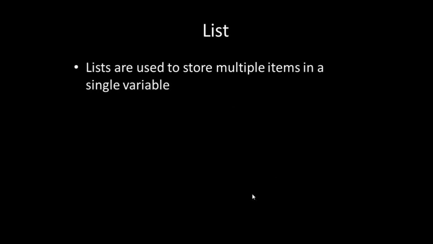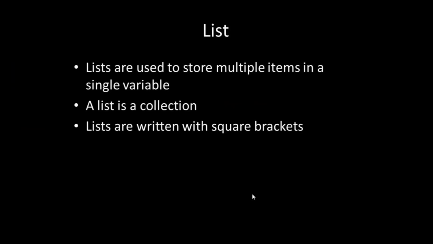But list is another type of collection which you can use to store multiple items. Whereas dictionary was a key value pair type of collection, here it is just to store multiple items in a single variable. A list is a collection. A list is written with square brackets.